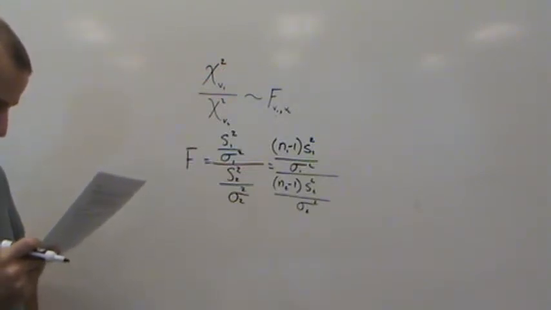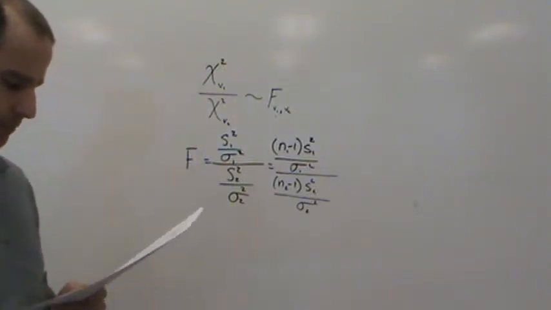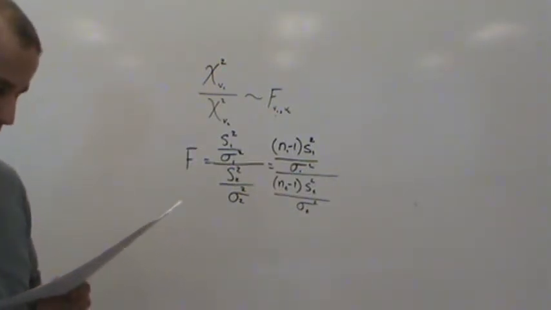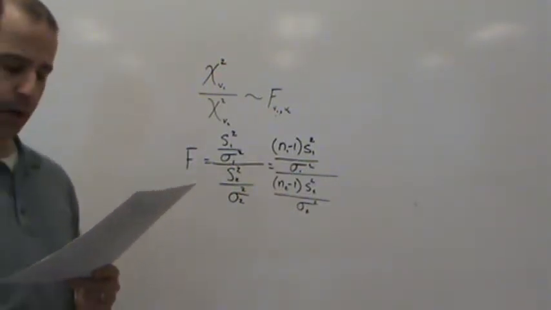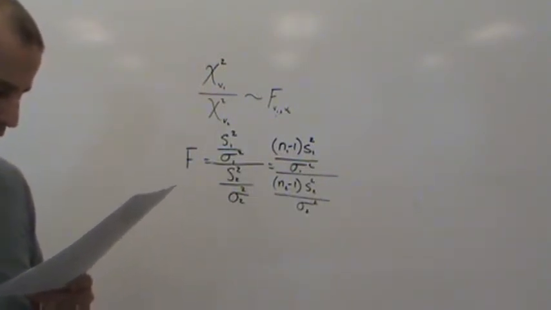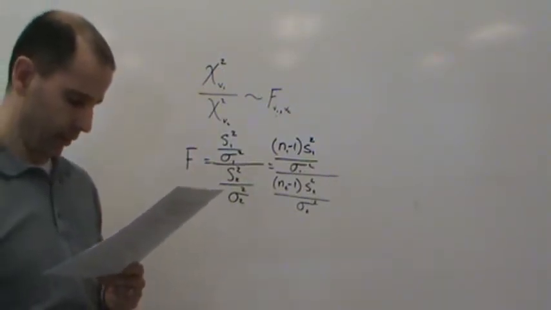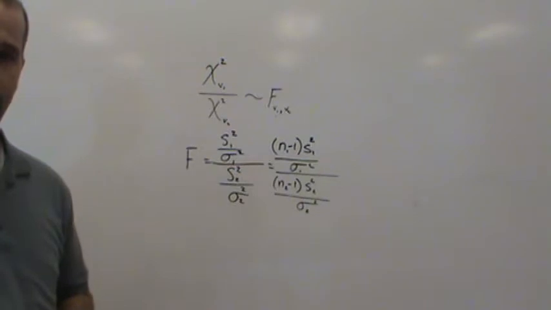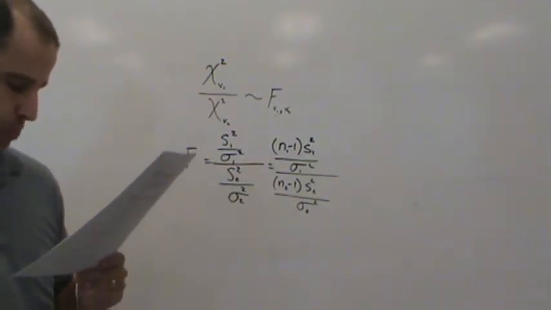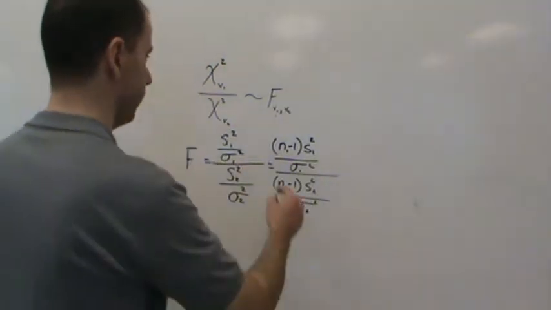So here are the characteristics of the F test. One, all F values are greater than or equal to 0, just like the chi-squared distribution. The degrees of freedom are N1 minus 1 and N2 minus 1. The curve is non-symmetrical and skewed to the right. There is 100% of the area under the curve, so the area of the curve will sum up to 1. The notation for F is going to be this.